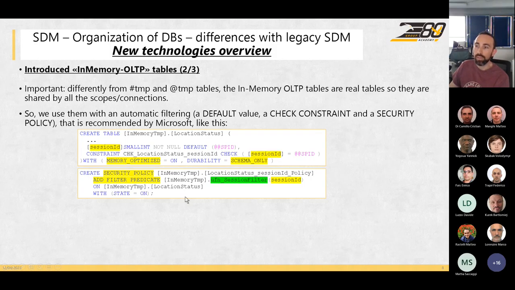And during the read phase, session 1 automatically will read only its lines, and if it does a delete from table all the rows, it deletes only the rows that have its SPID. So it's doing like this. It's like having a table for each session.